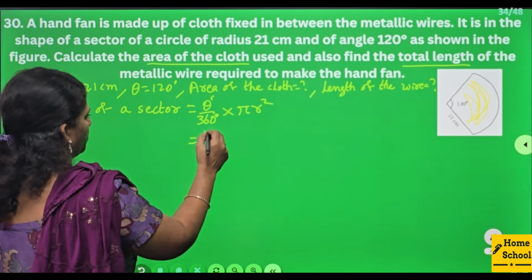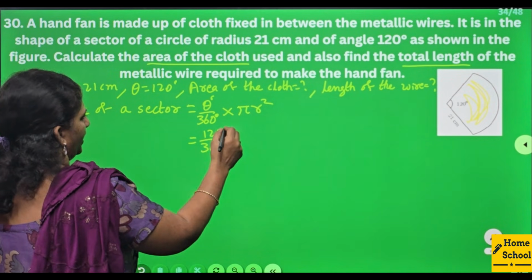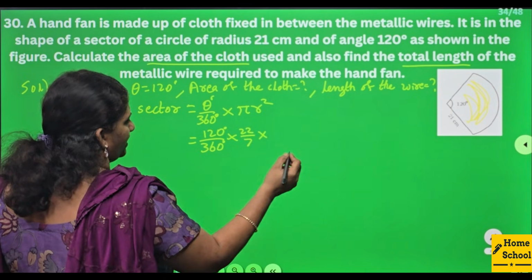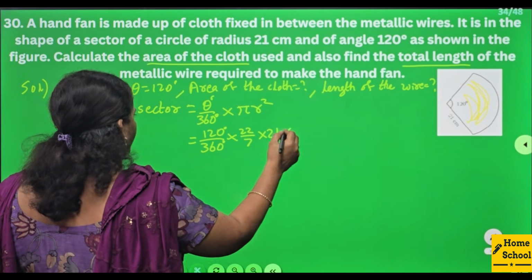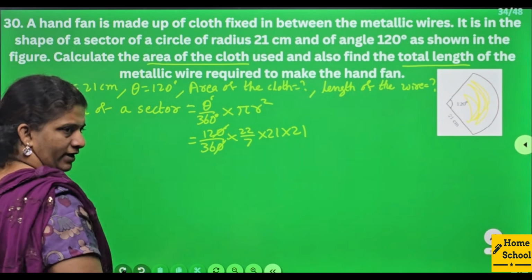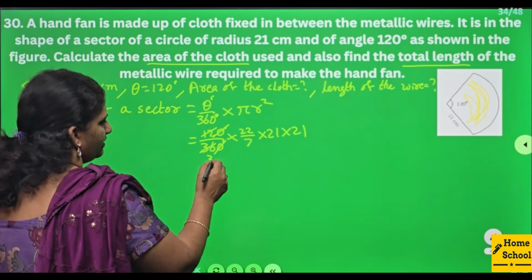Theta value is 120 by 360 degree into pi value is 22 by 7 and the radius is 21 into 21. 0, 0 cancel. 12 3s are 36.